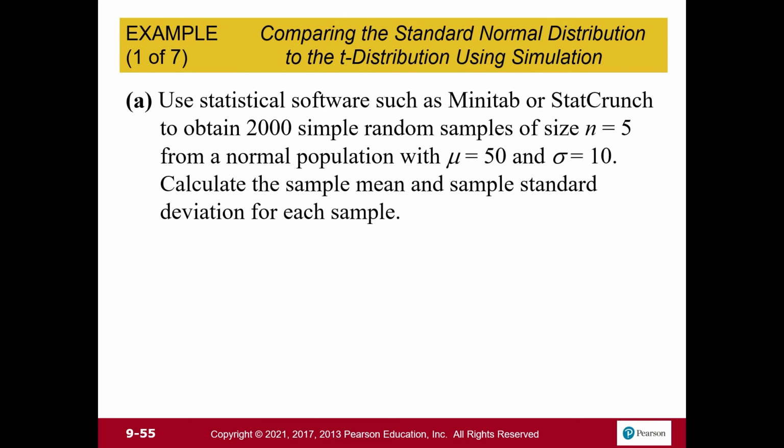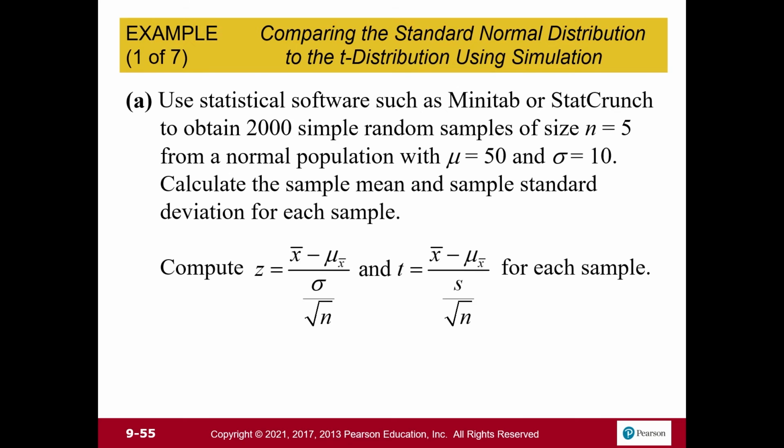So let's look at this here. Use statistical software such as Minitab or StatCrunch to obtain 2,000 SRSs of size n equals 5 from a normal population with mean mu of 50 and a standard deviation of 10. Calculate the sample mean and the sample standard deviation of each sample.